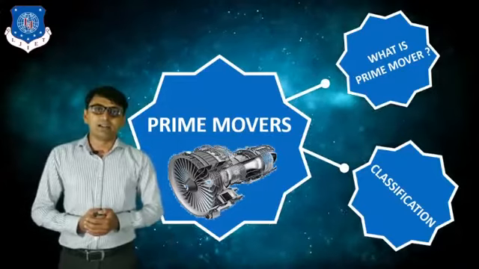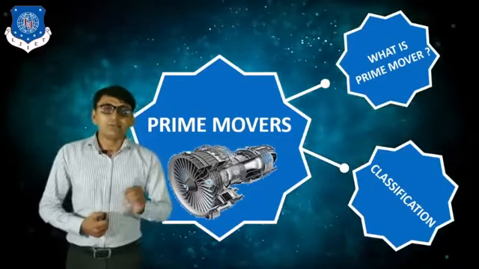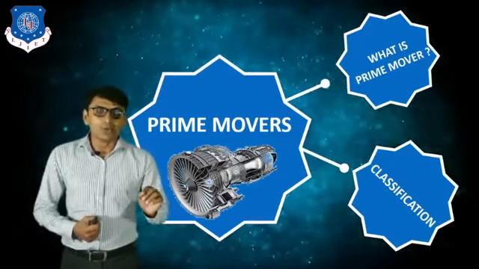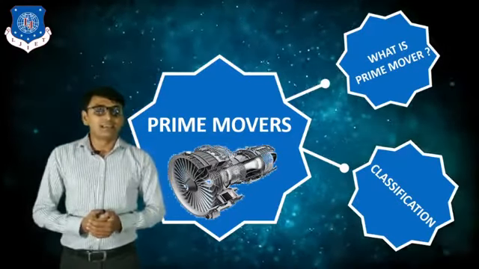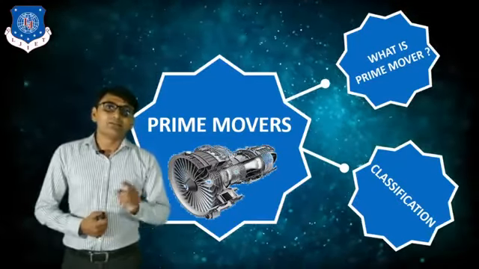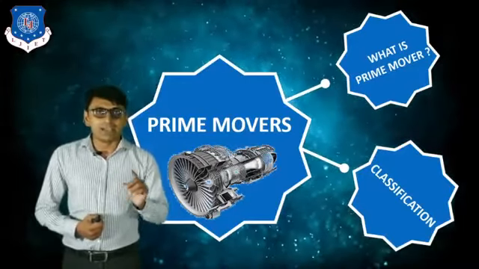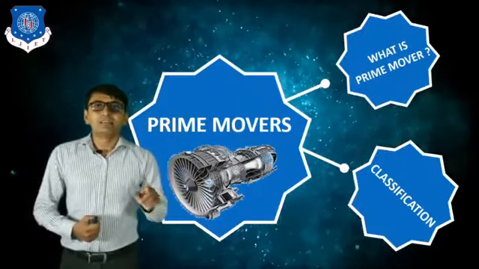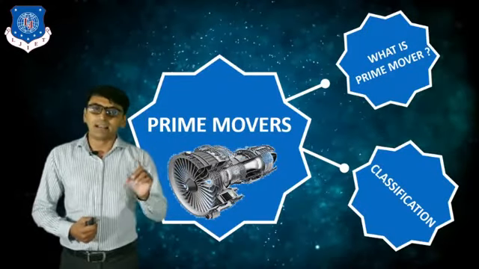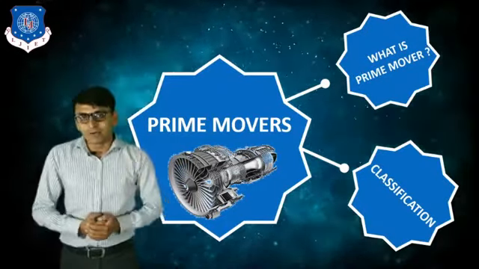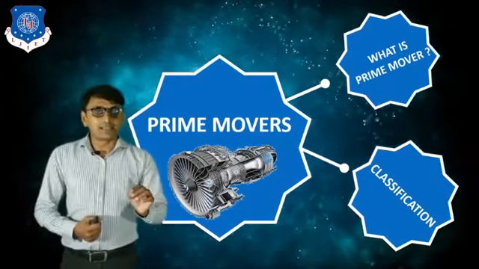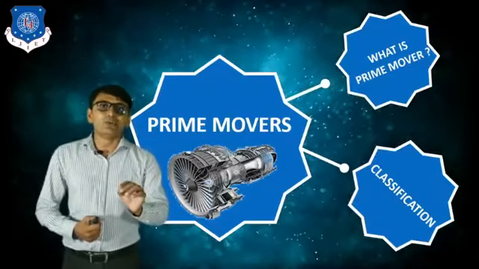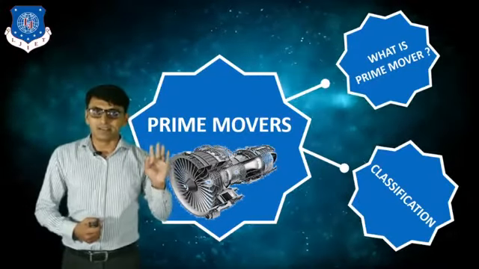For example, a windmill converts wind energy into mechanical energy, and a steam turbine converts steam energy into rotational form, that is mechanical energy. So a prime mover is a device which converts natural energy into mechanical energy.